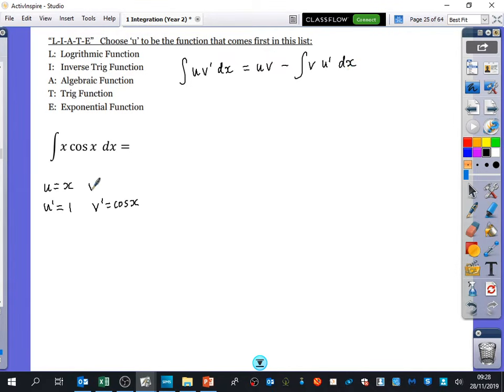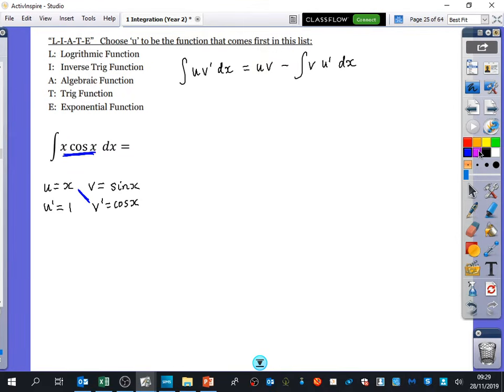Now, what would v be? Sin x, because sine differentiates to cos, so we get sin x. So we have already used this one. This one has already come up in the question, so we won't be using that pairing of them again.